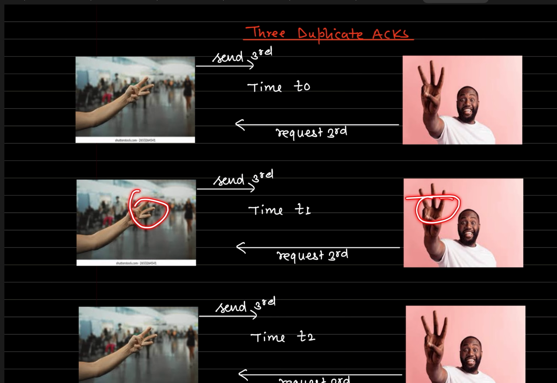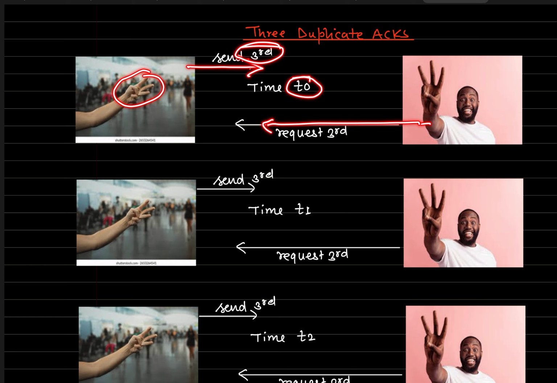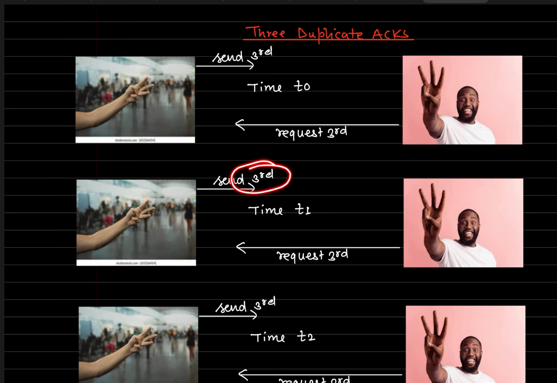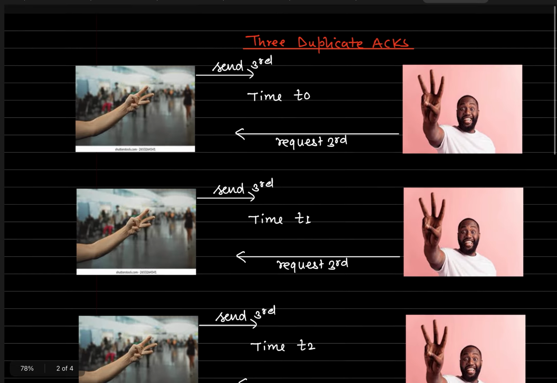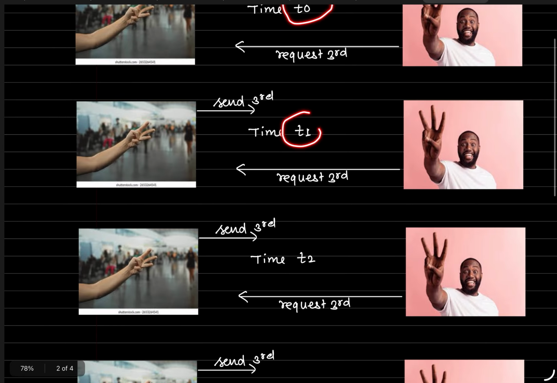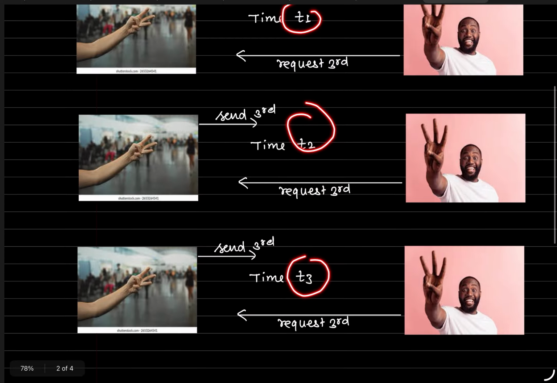What it means is, this guy is saying I'm sending the third segment at time t0, and this side this guy is requesting the third segment again. Once the sender receives the request for the third segment, it again sends back the third segment. It happens four times. The first one was the original one, and then three duplicates of the original one, that means four.